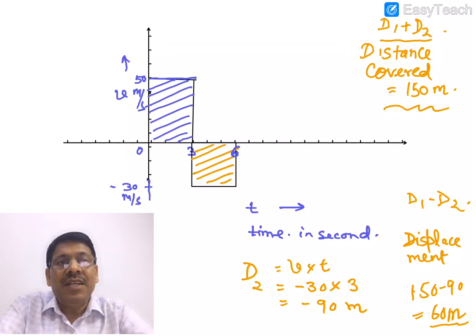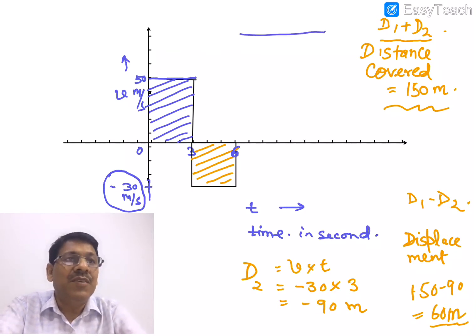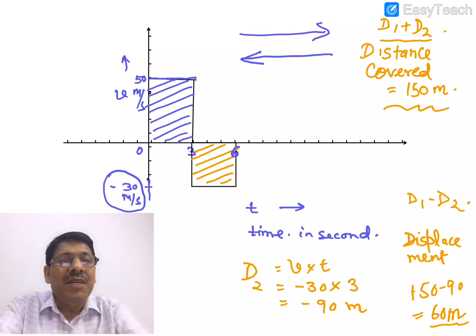Here negative velocity shows the velocity of an object once moving in one direction, suppose in this direction, and then moving in the opposite direction. Means in one direction the body is moving with 50 meter per second, and in the other direction now it is moving with 30 meter per second.